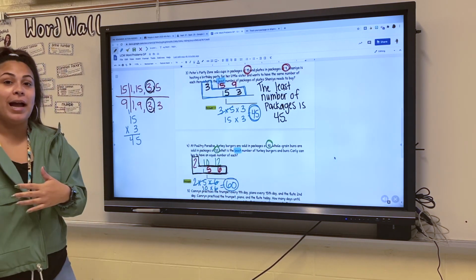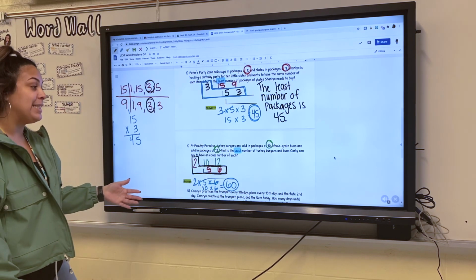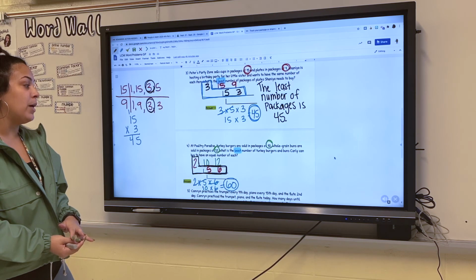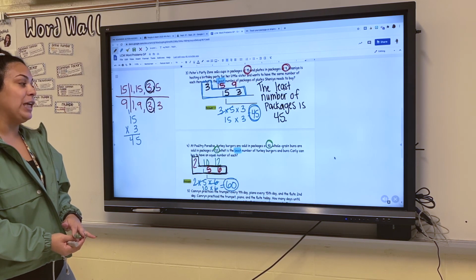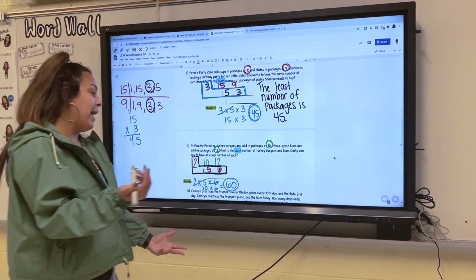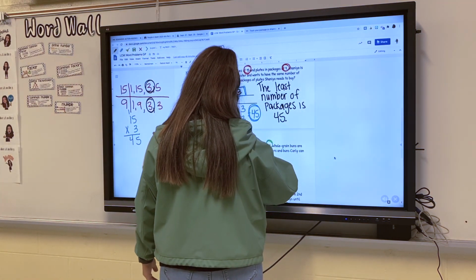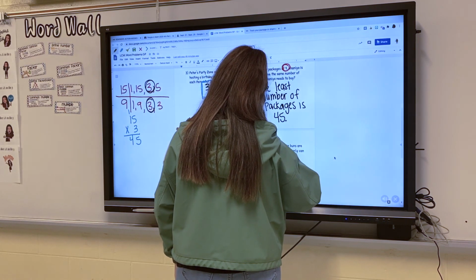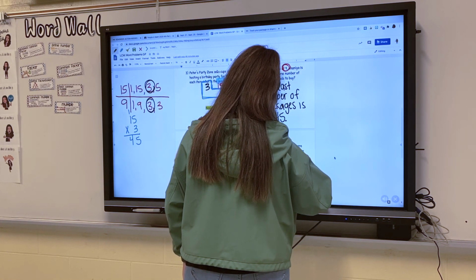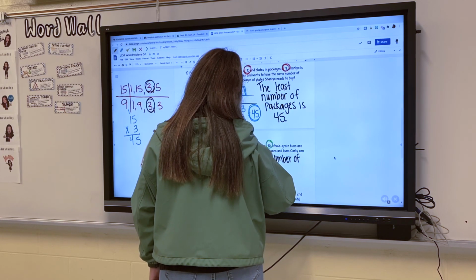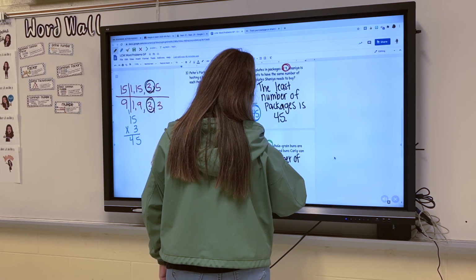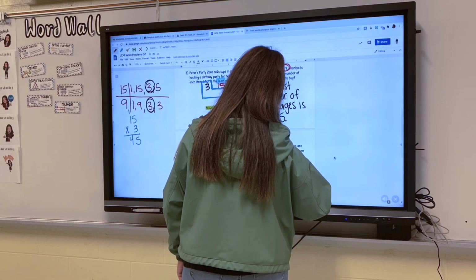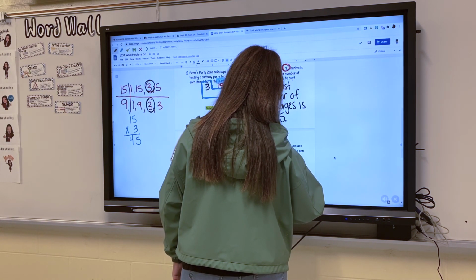So now I need to write my answer as a sentence. The question says, what is the least number of turkey burgers and buns Carly can buy to have an equal number of each? My answer can say, the least number of burgers and buns is 60.